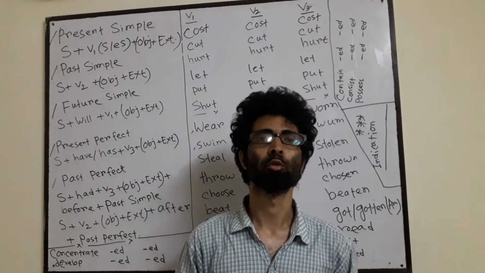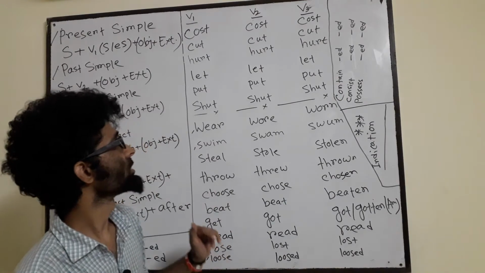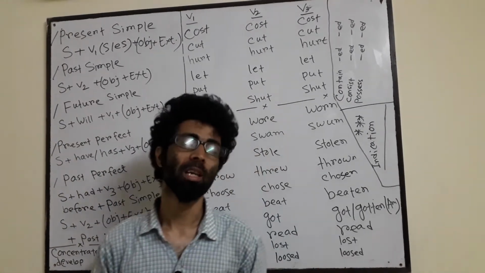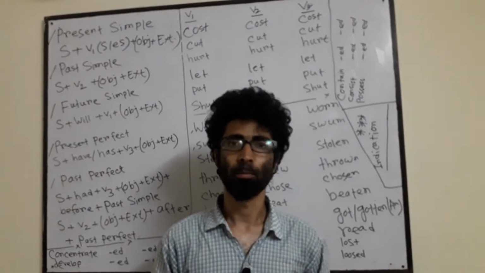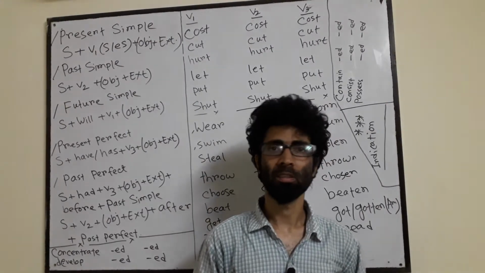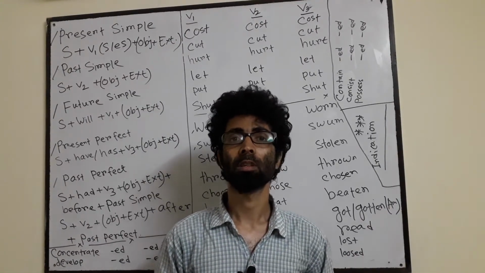Today I'm here to talk about some types of tenses and conjugation of verbs. In our daily lives, generally we use present simple, past simple, then future simple. Then we can use present continuous, past continuous, and sometimes we use future continuous.